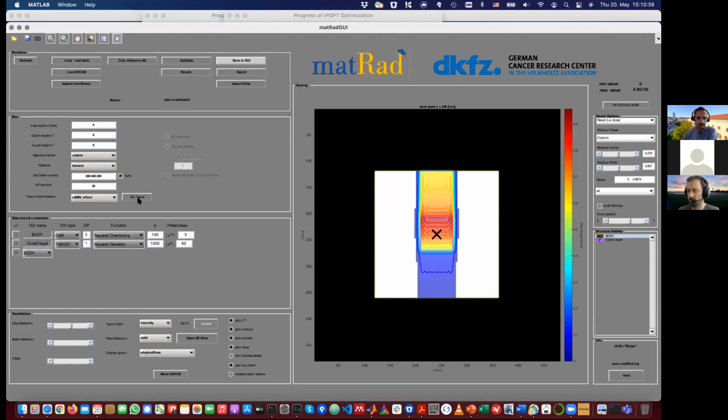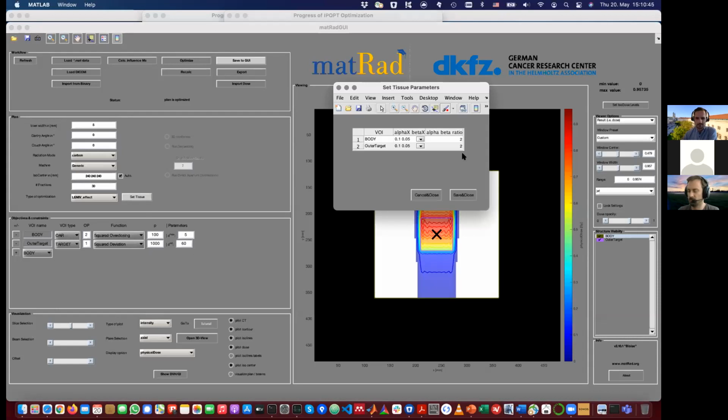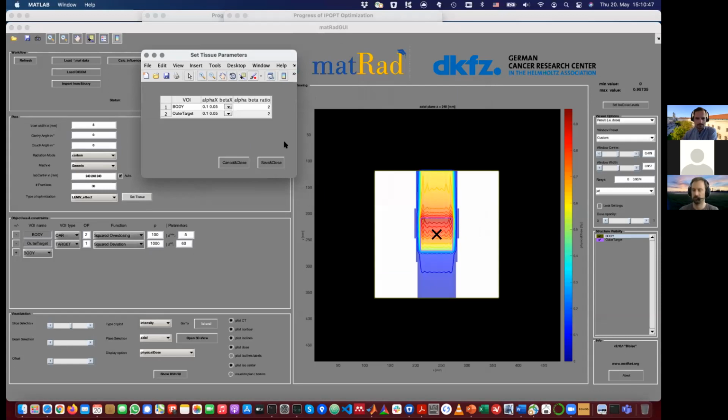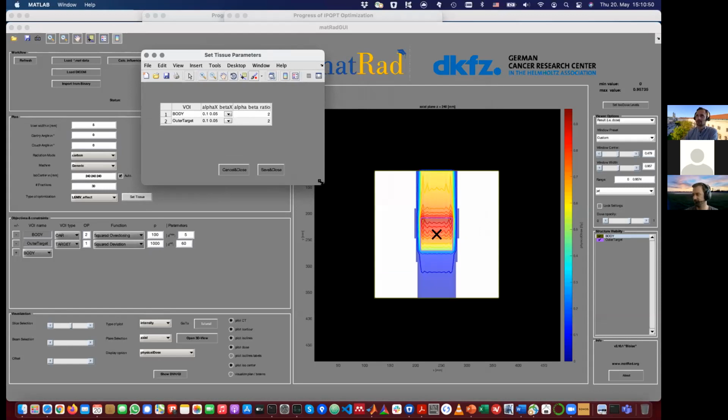Therefore, you have to click on this Set Tissue button here. In this Set Tissue window, you can see what we were actually using all the time, which was, for the body structure, an alpha x of 0.1 and beta x of 0.02. This corresponds to an alpha beta ratio of 2 for both structures that we have in this object.